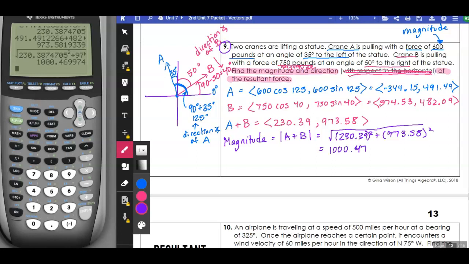Now, this is a magnitude. What unit of magnitude did we have in this problem? This resultant force has a magnitude of 1000.47 pounds.